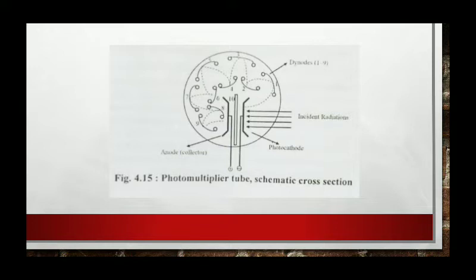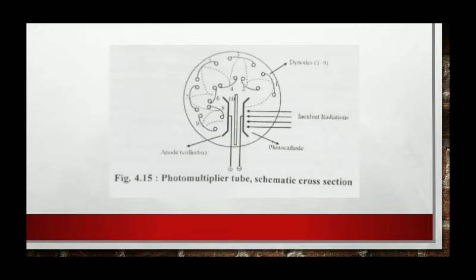When an electron strikes dynode first, each electron causes emission of several electrons. These secondary electrons in turn are accelerated towards dynode second, which is at 75 to 100 volts more positive than dynode first. At dynode second, again each striking electron causes emission of several electrons.